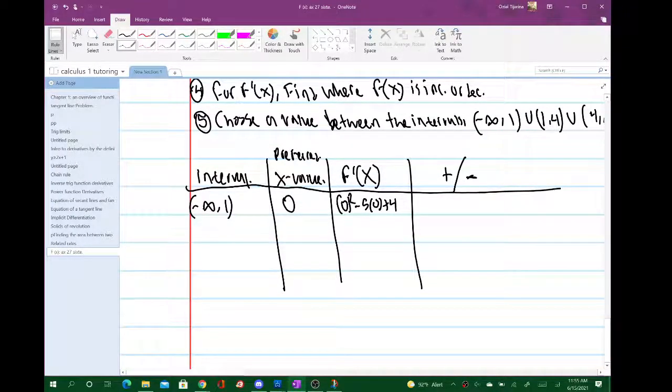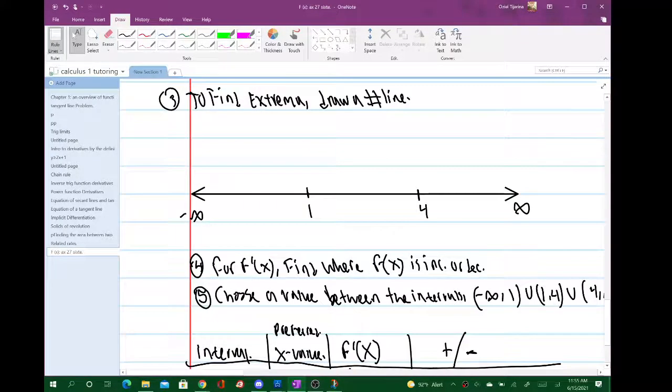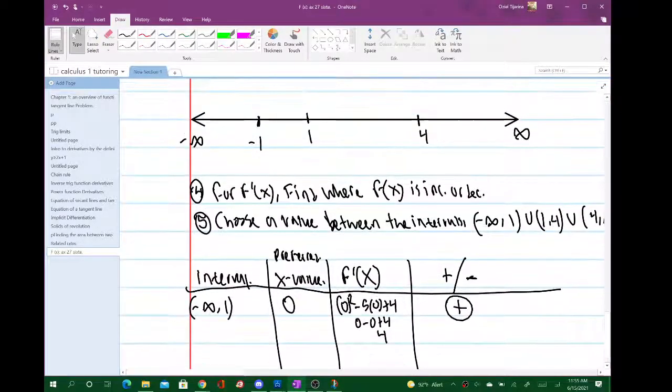So I get 0 minus 0 plus 4, which is 4, so it's positive. So I can state that at x equals 0, it is positive.